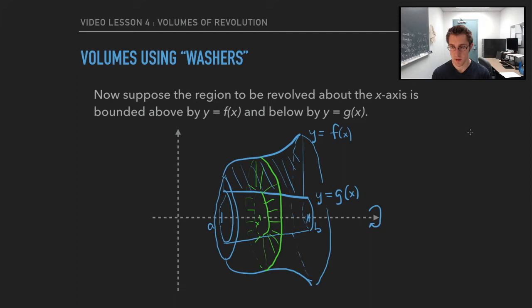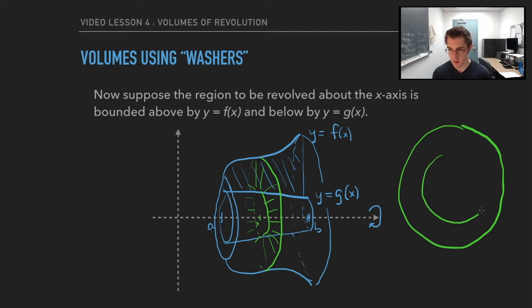Pulling it off to the side, the same view from the origin looking down the x-axis looks like this. So it's not a disk anymore. It's a big disk with a little disk taken out of it. You might call this a ring, or a mathematician might call it an annulus. We're going to call it a washer for this class.